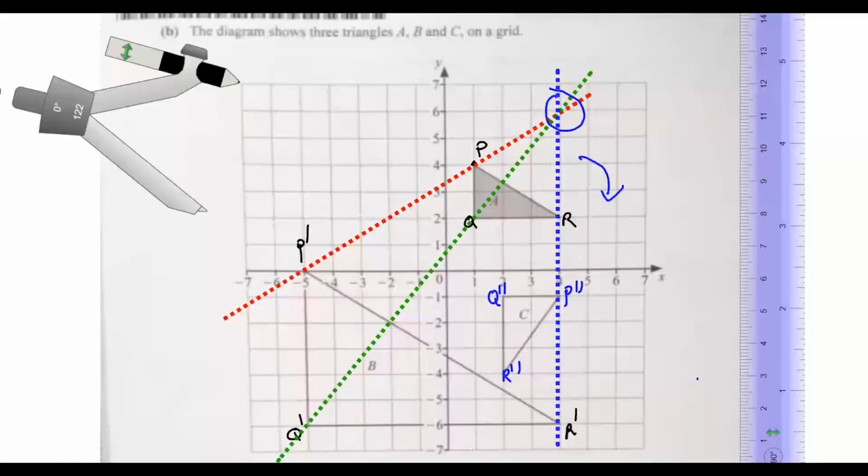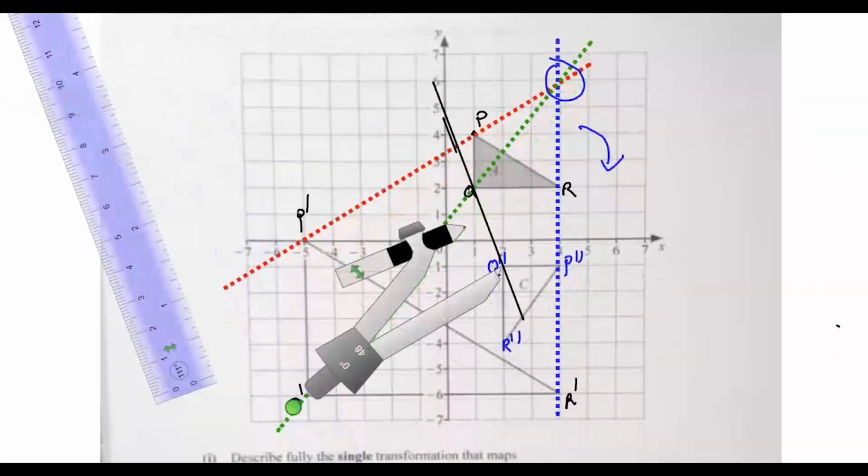Let me take my ruler and join them together. So Q and Q prime prime have been joined together. We'll need to bisect this line. So we'll put the center at Q prime prime, draw an arc on the two sides, then center at Q, and do the same thing.